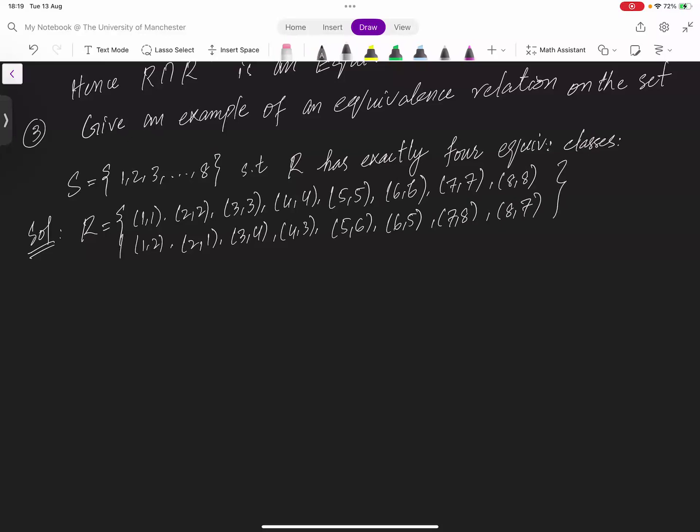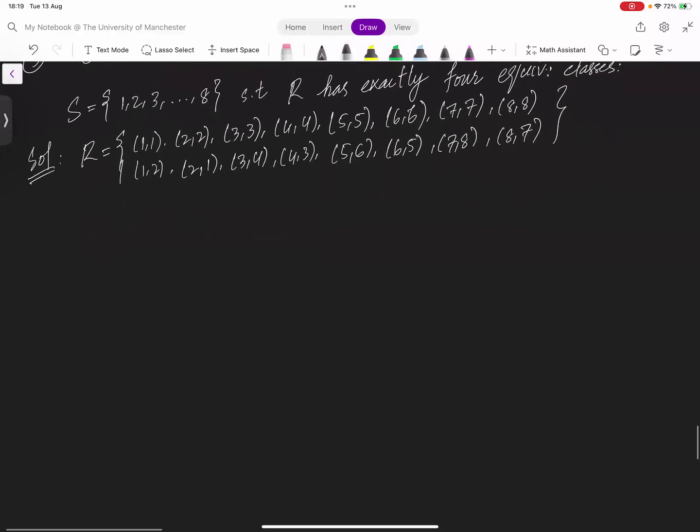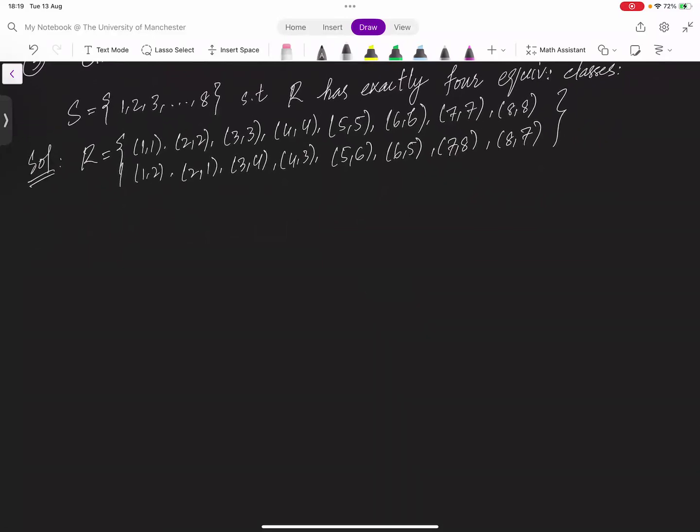We can define this relation as a simple one. So 1, 2, 3, 4, 5, 6, 7, 8, and then 1, 2, 3, 4, 5, 6, 7, 8. Every element goes to itself in the first part: 1 goes to 1, 2 goes to 2.